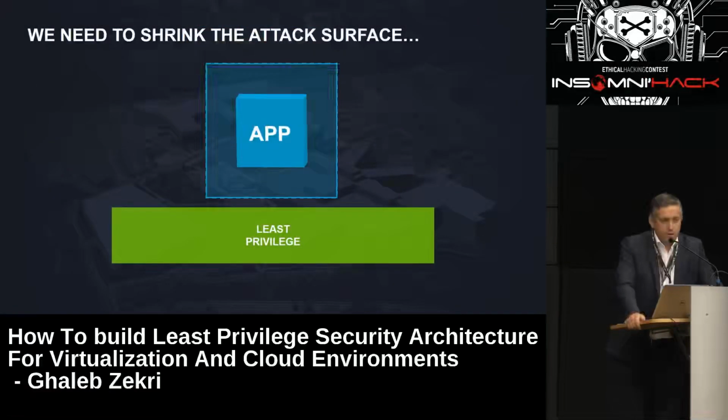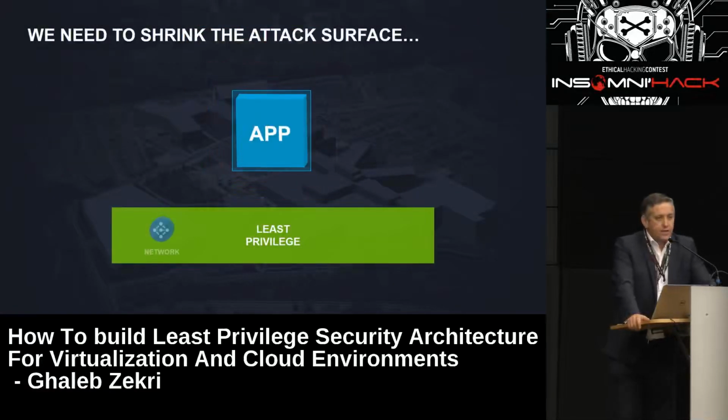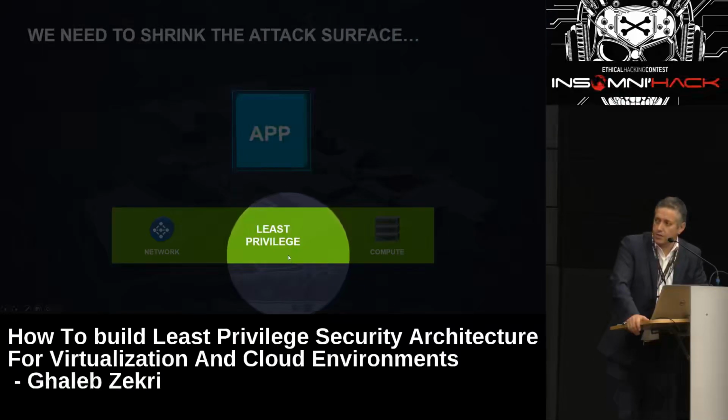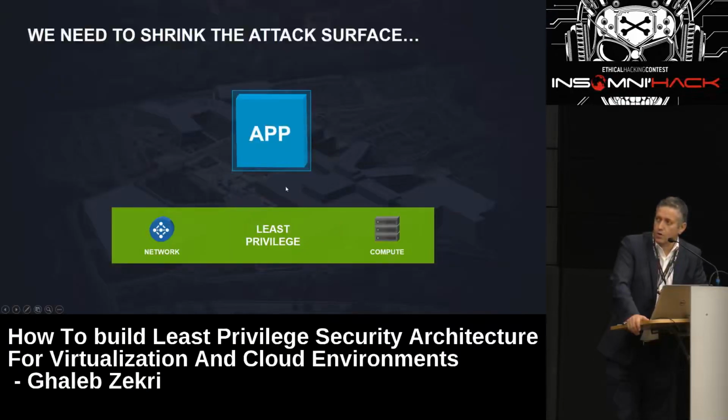So back to the principle of least privilege in security architecture, what we need is more. For least privilege, we need to shrink the exposure surface, or the attack surface, around the app from the network perspective and from the compute perspective.